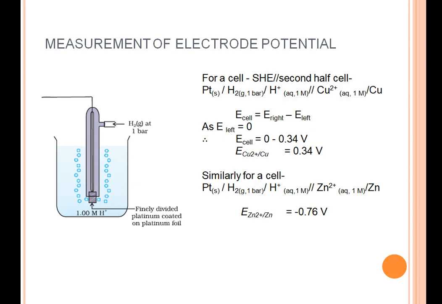Now, if you want to calculate the electrode potential of copper, then it is connected with this hydrogen electrode, the SHE, with a salt bridge, as the second half cell. It is represented as shown on the screen.